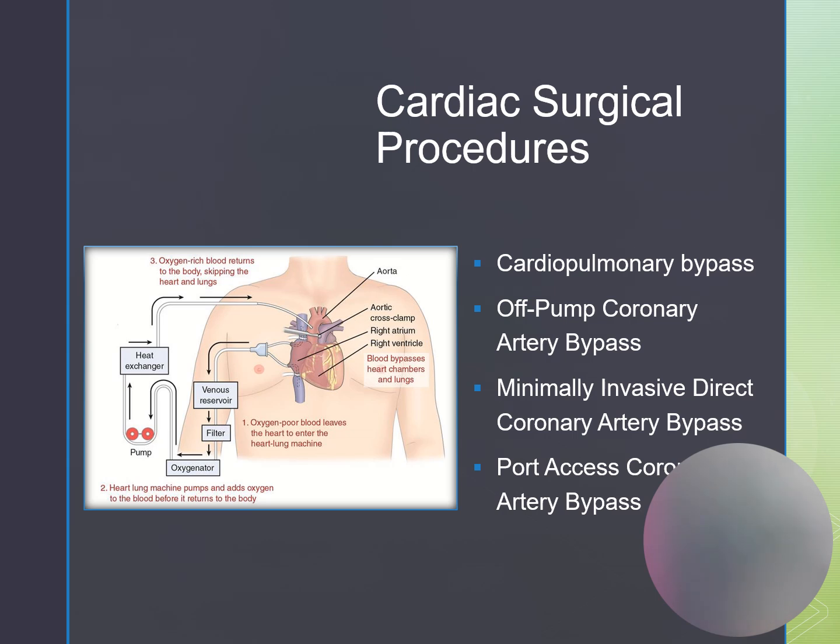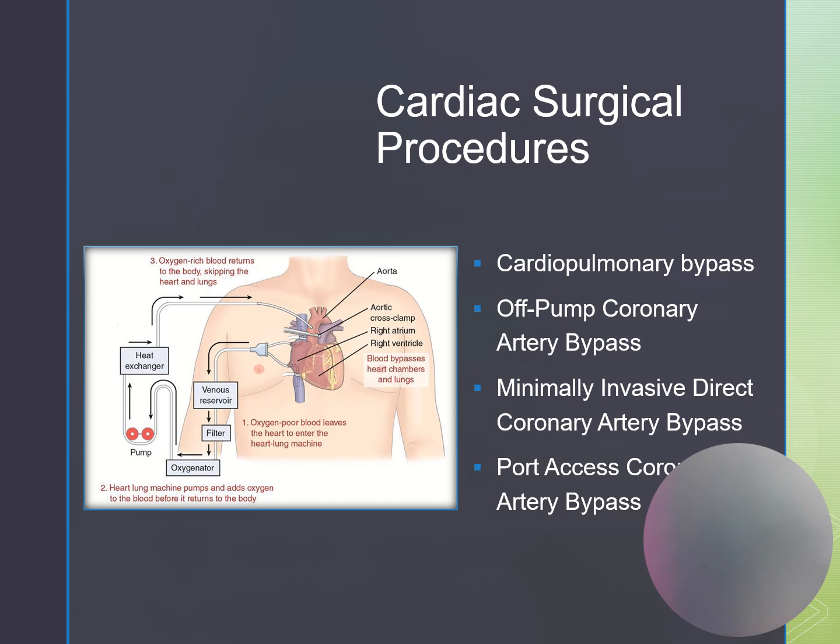Procedure, once again, as I was explaining, we're going to bypass or detour around the occluded portion of one or more coronary arteries with a relocated blood vessel. The graft vessel is often taken from the saphenous vein, located in the lower leg.